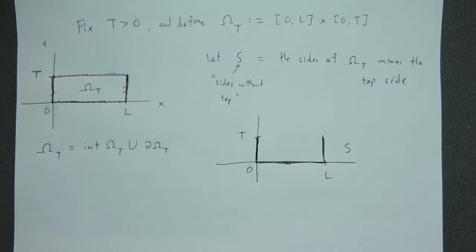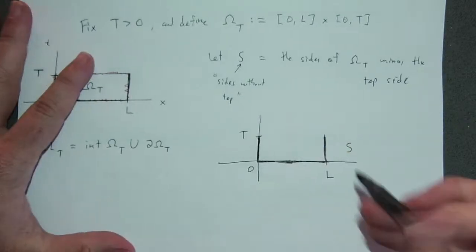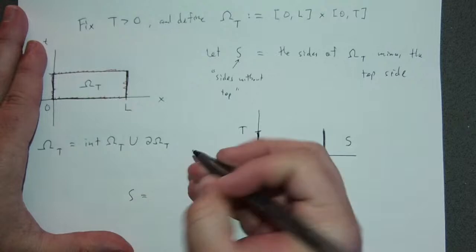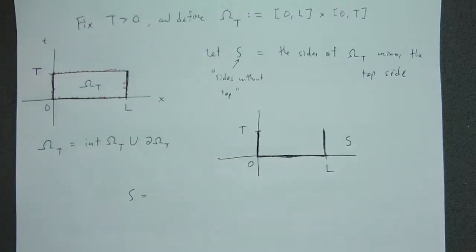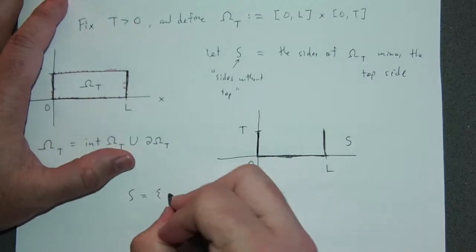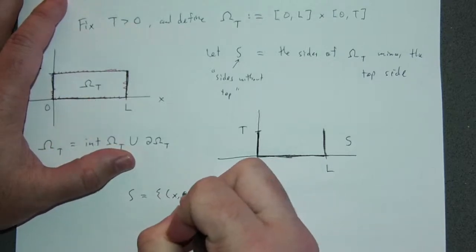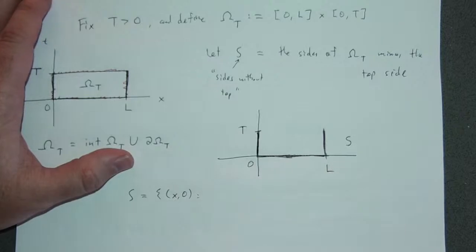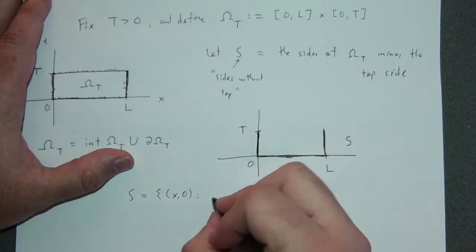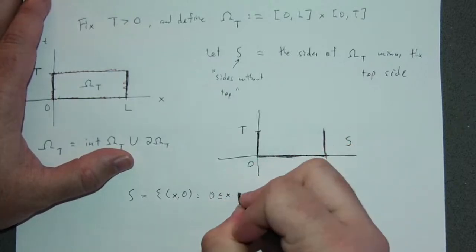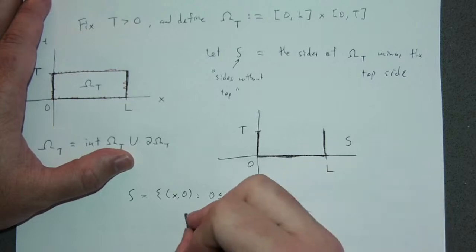Of course, if I actually wanted to write this out mathematically, what is S? S is going to be the bottom, the set of points that look like (x,0) for x between 0 and L. So this is the bottom.